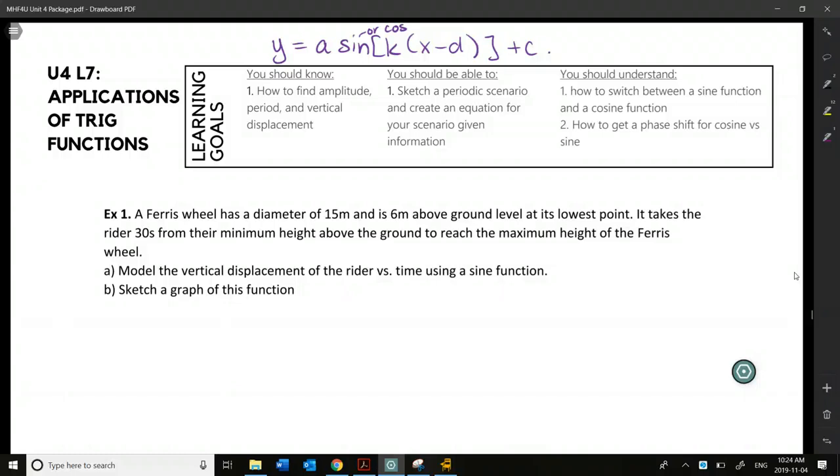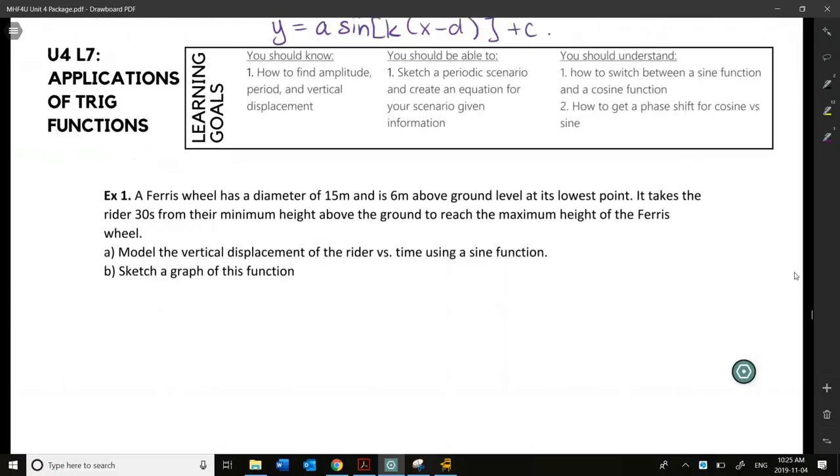It's 6 meters above ground level at its lowest point. It takes the rider 30 seconds from their minimum height above the ground to reach a maximum height of the Ferris wheel. Model the vertical displacement of the rider versus time using a sine function, and sketch a graph of this function.